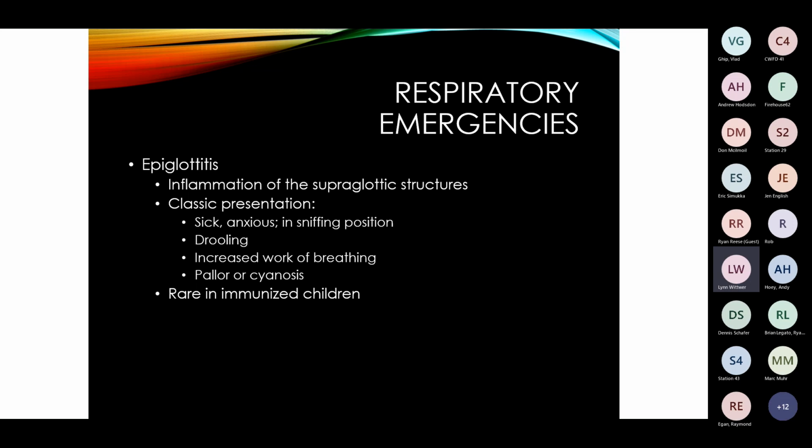So they can't swallow any of their secretions, and their inflammatory process is producing lots of secretions. They have an increased work of breathing because their airway is closing off, and they will often have a stridorous sound to them. They'll have pallor and cyanosis if they're not oxygenating correctly.